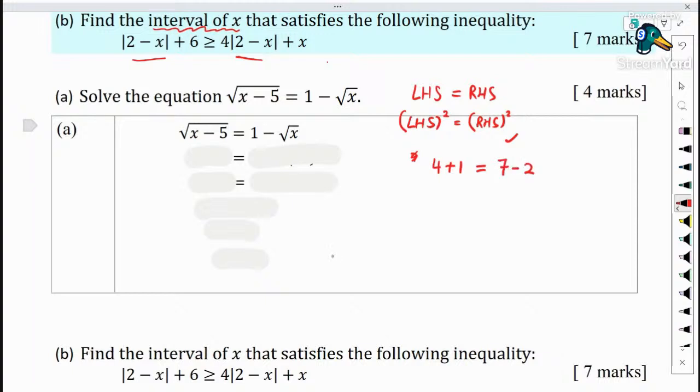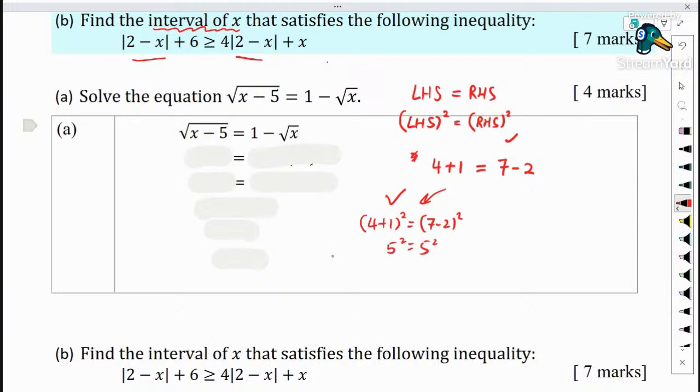They are equal to each other, which is 5. When you want to square both sides, the correct way is that bracket like this, you square so that you still have 5 squared equals to 5 squared.